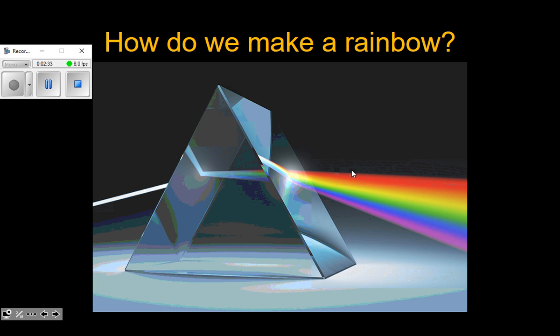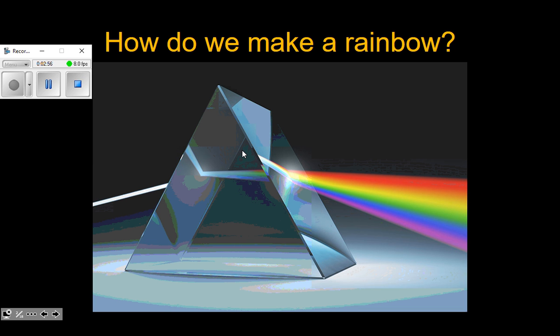But each wavelength, each color, red, orange, green, blue, indigo, violet, each of the colors of our Roy G. Biv, they bend at different rates. The red bends the least, and down here at the blue or the violet end, it bends the most. So that's unique for this property, which is called refraction.